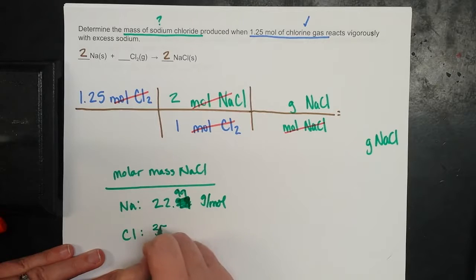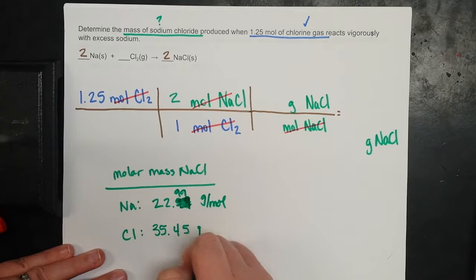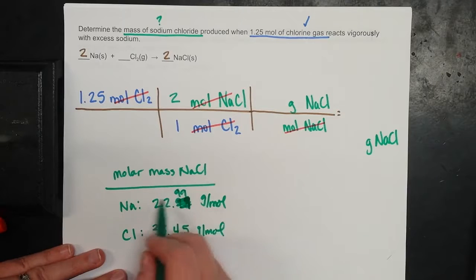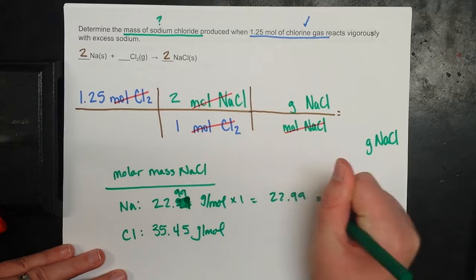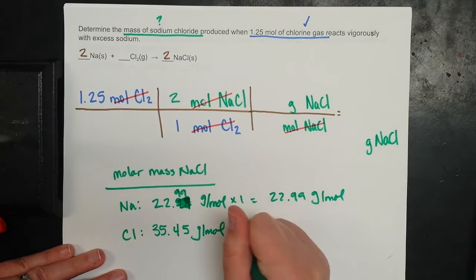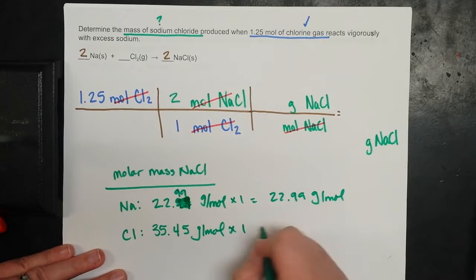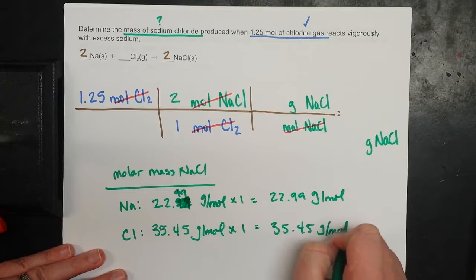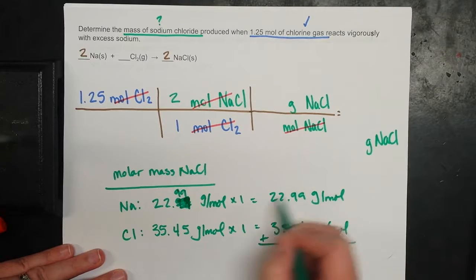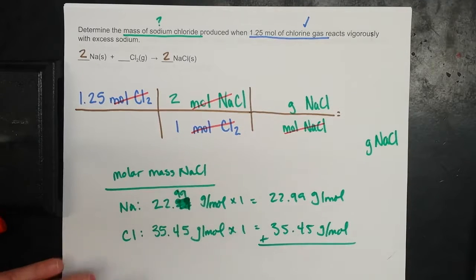Chlorine is 35.45 grams per mole. Sodium chloride has a 1-to-1 mole ratio of sodium and chlorine, so I've got one of each of these. If I add them up, that's going to be the mass of 1 mole of this compound, sodium chloride.